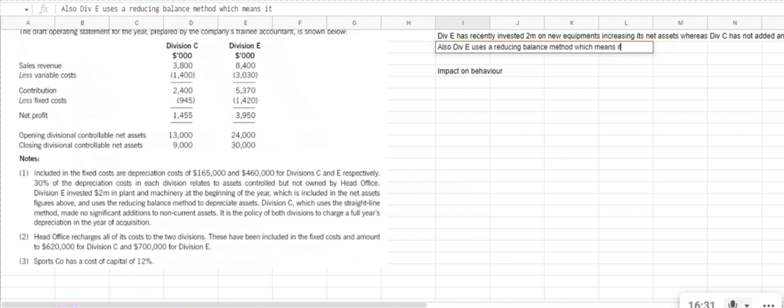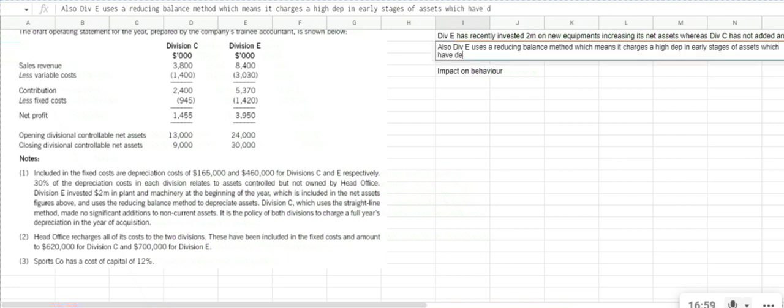which means it charges high depreciation in the early stages of the asset, which has reduced its net profit.